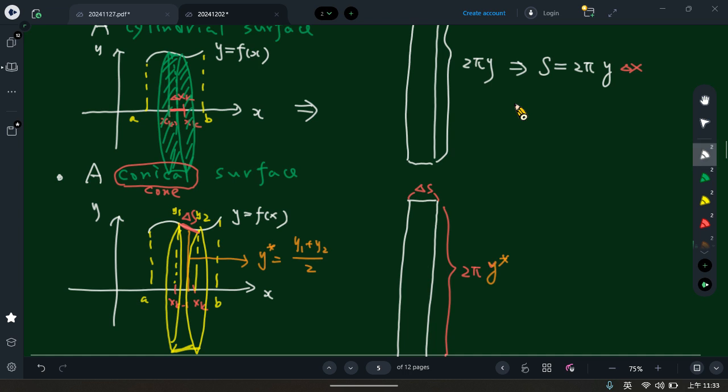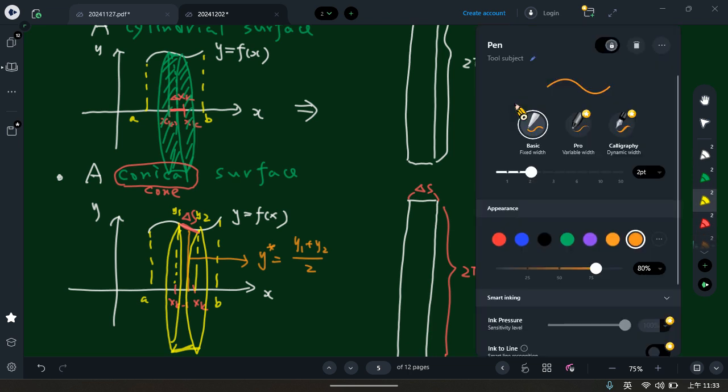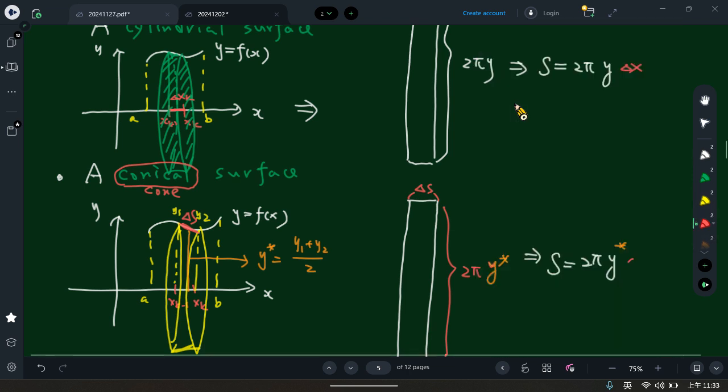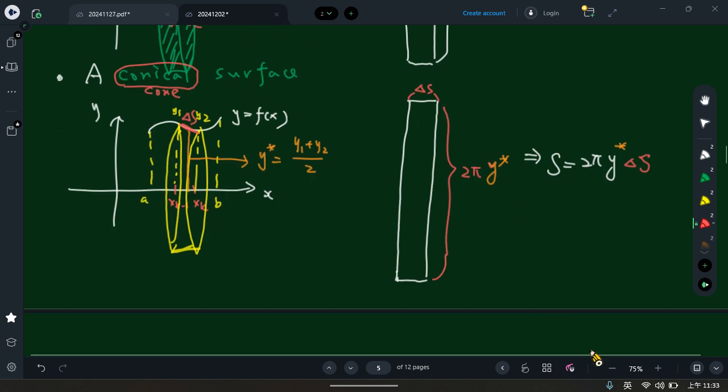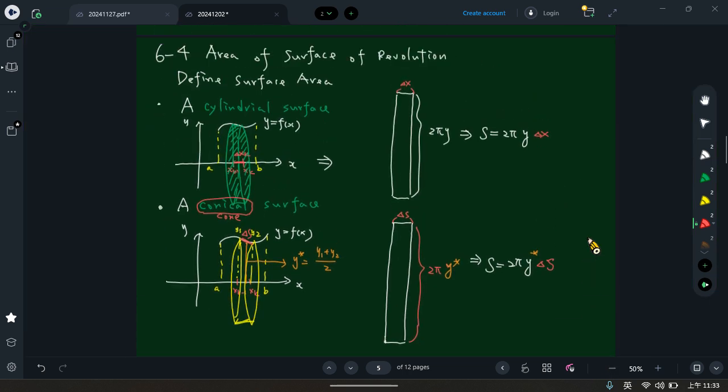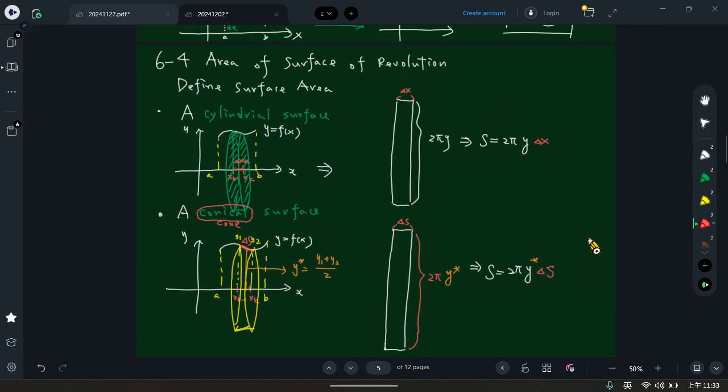Based on these two ideas, S is equal to 2 pi y star delta S. Y and y star become the same when very small.